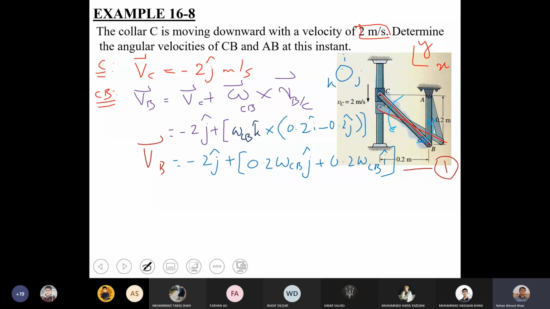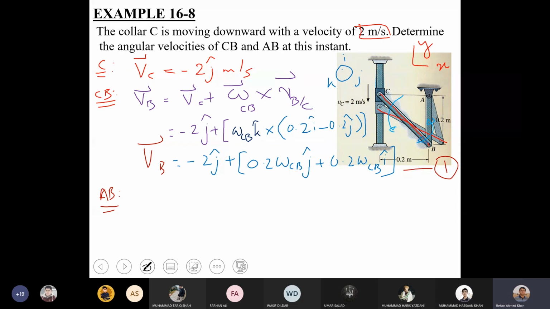Yes sir. Okay, now moving on to our next link, which is link AB. What is the type of motion which this link is undergoing? Rotational motion.